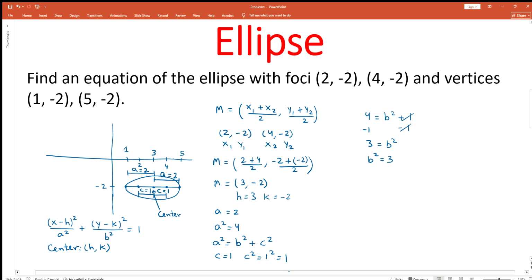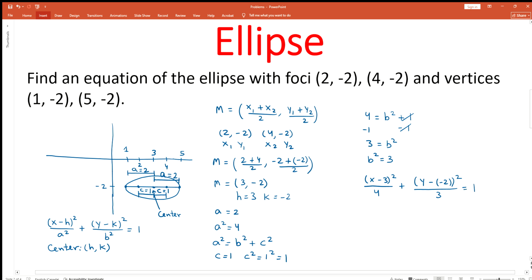Now we can sub in these values to write the equation of the ellipse. I get (x minus 3) squared over 4 plus (y minus negative 2) squared over b squared, which is 3, equals 1.